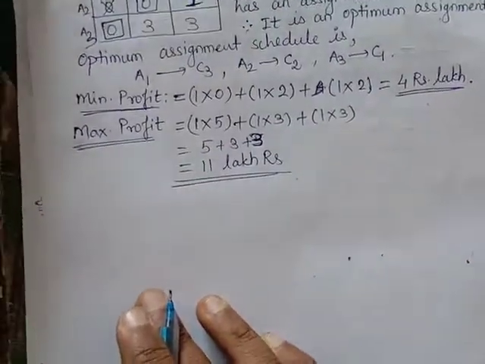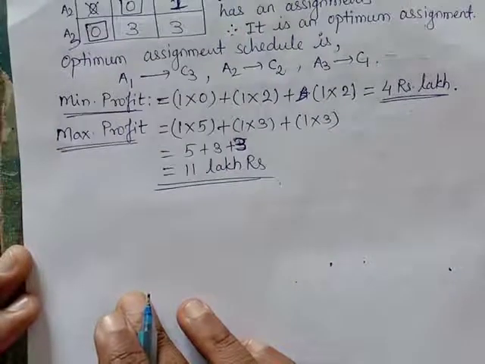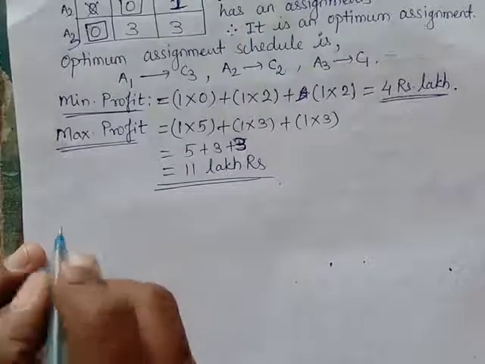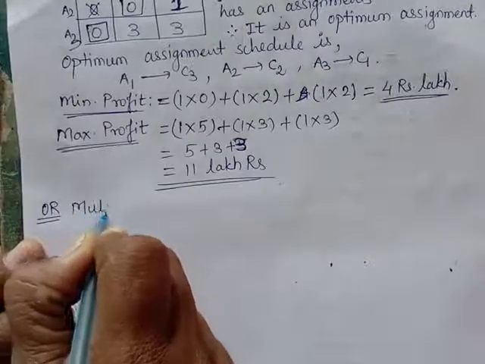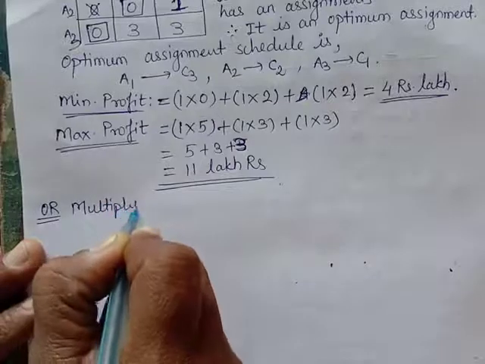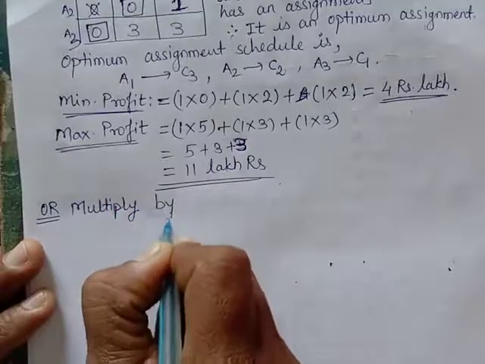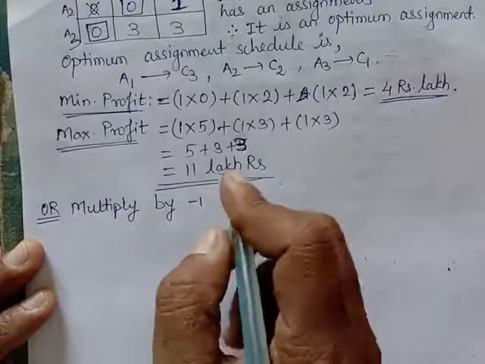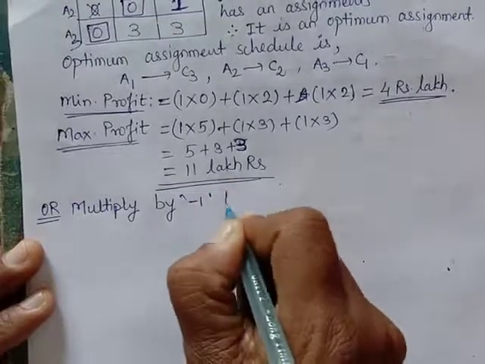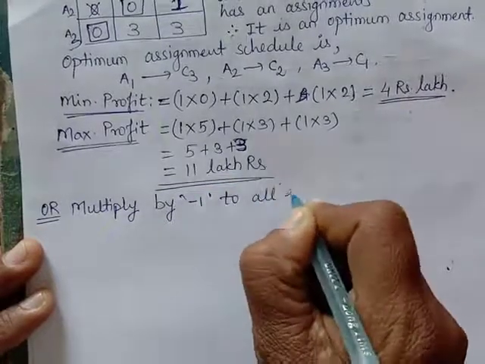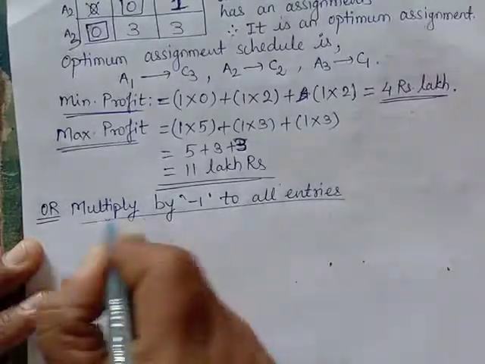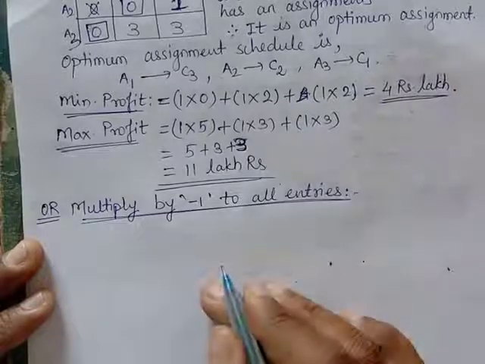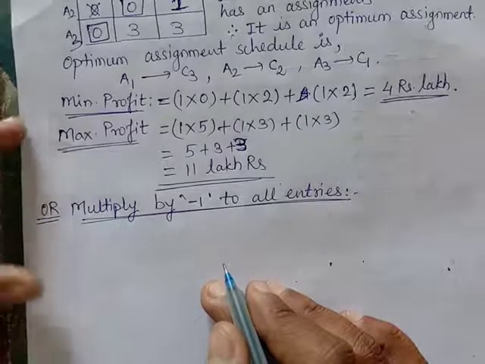Now let's solve the same problem using another way of getting the minimization cost matrix, that is, multiply all entries by -1. Let's use this one to obtain the minimization cost matrix first.